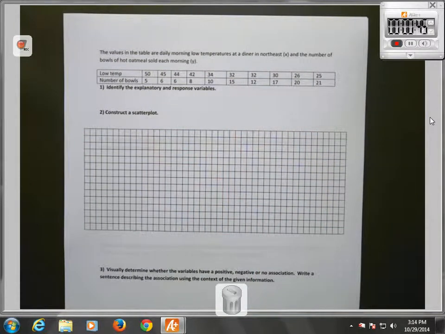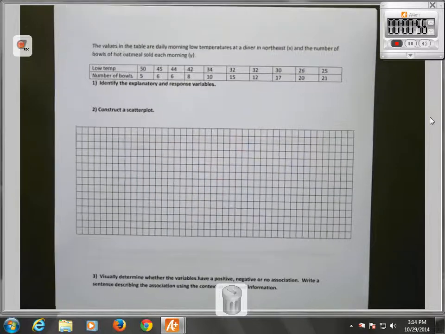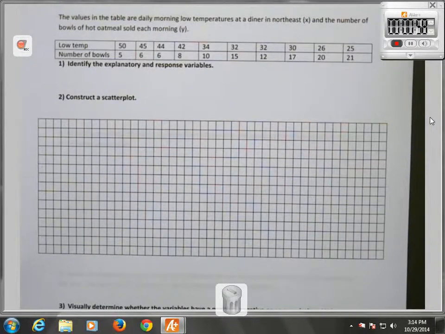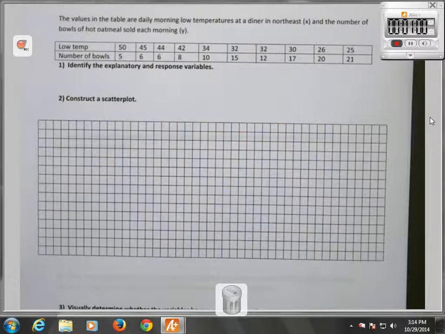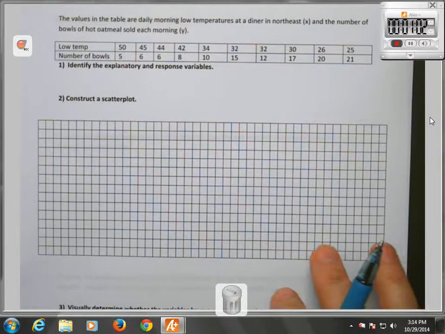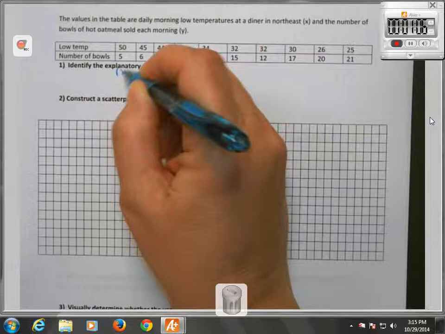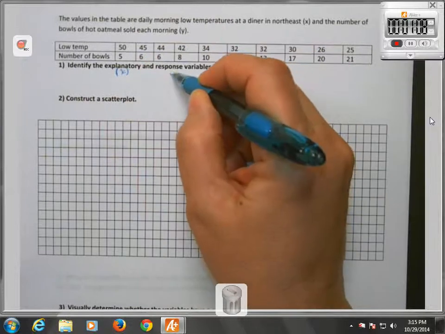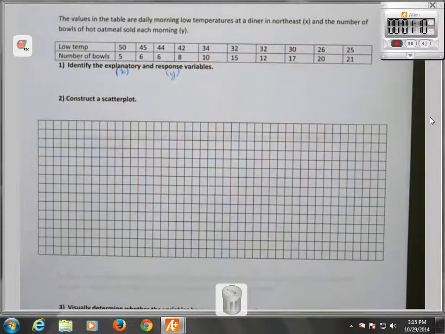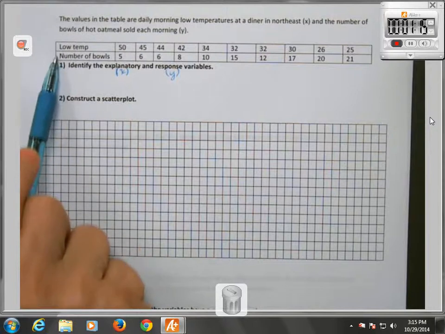Our first step in the correlation process is to identify what are referred to as the explanatory and response variables. Those two variables are the x and the y that we are going to use for graphing the scatter plot. The explanatory variable is our x and the response variable is our y. When we identify these, we identify them by what they actually are, not just x and y.